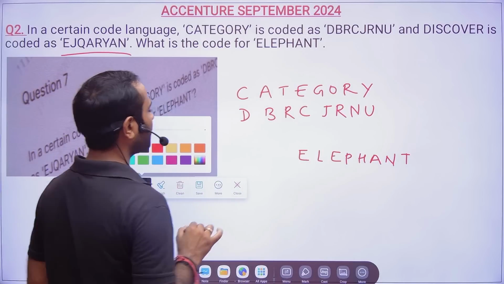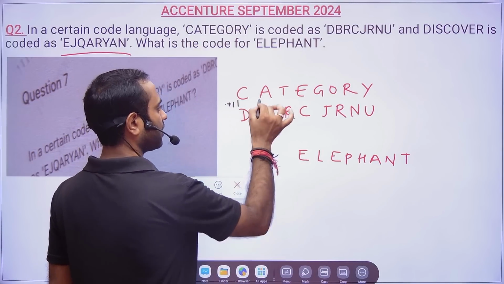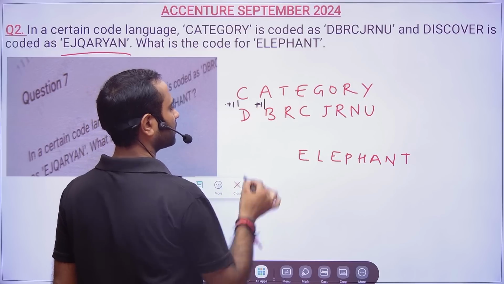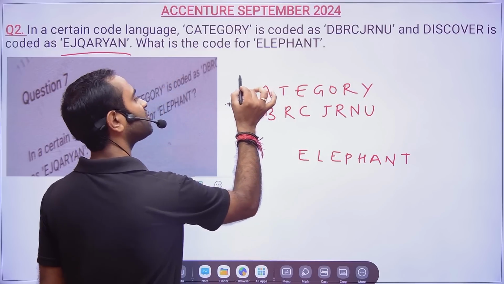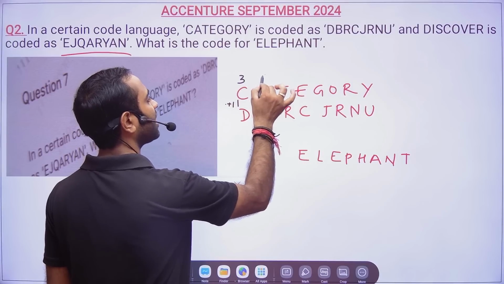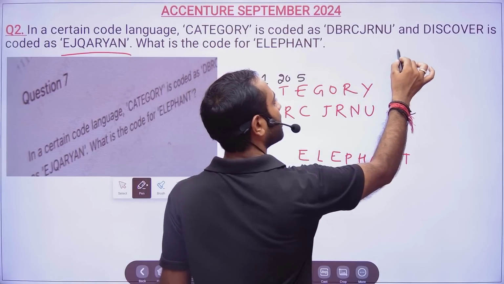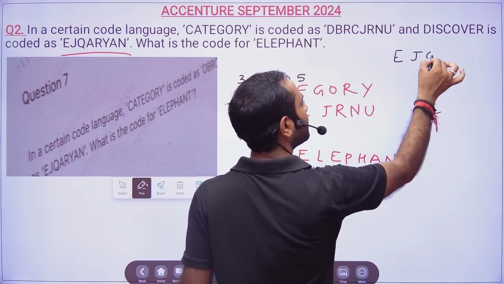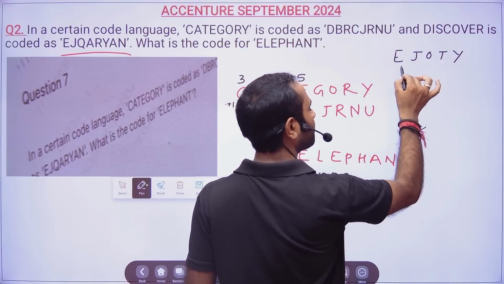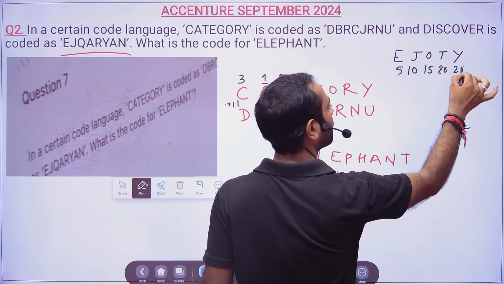Now friends, if you see here, this is nothing but plus 1. I will just write the alphabetical numbers, so it will be easy for you. This is 3, this is 1, T20 match, E is 5. See, this you know. I have told you the trick OT: 5, 10, 15, 20, 25.